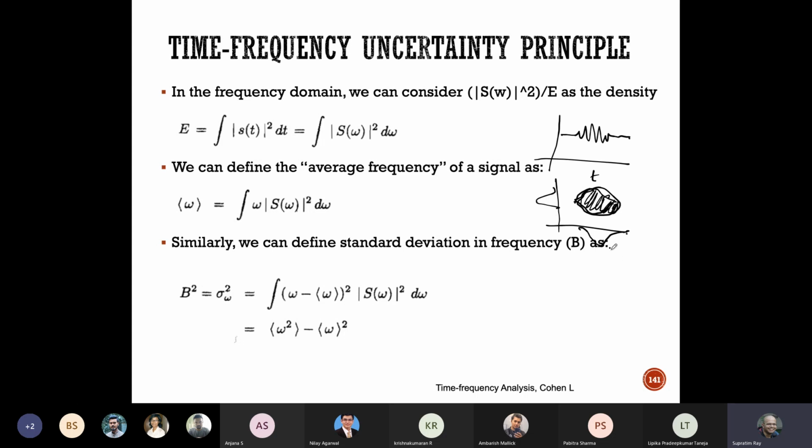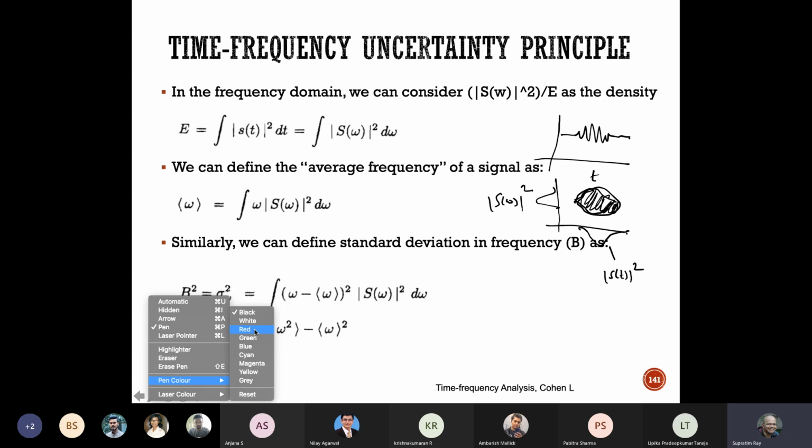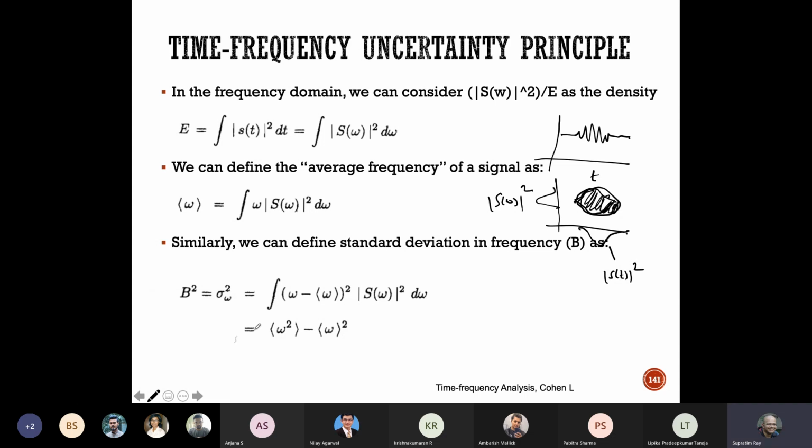So these are the density functions. This is your |s(t)| square and this is |S(omega)| square.